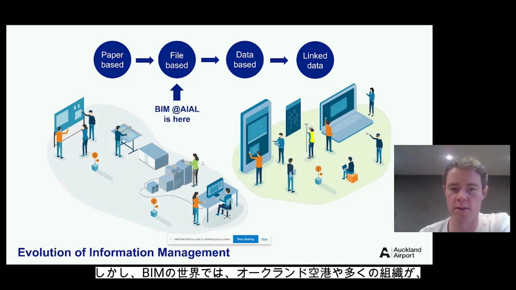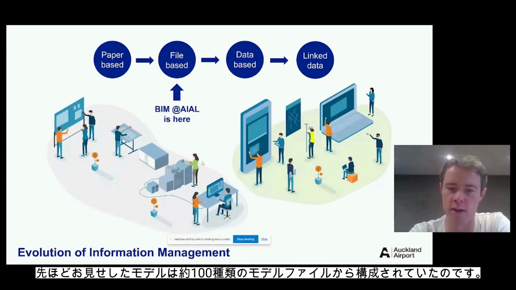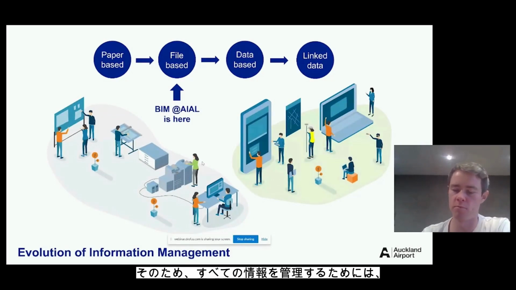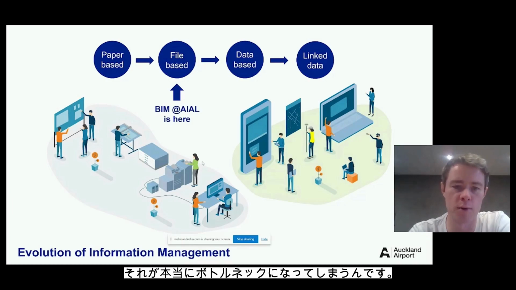Whereas within the BIM world at Auckland Airport and in a lot of organizations, we're living in a file-based world. So that model I just showed you before was made up of about 100 different model files. To manage all that information, you've got to go into each model and change the information where you need to and delete stuff, and it becomes a real bottleneck in the process.